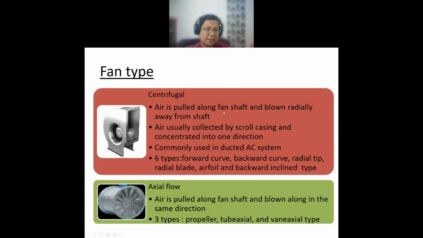Okay, fan type centrifugal: air is pulled along the fan shaft and blown radially away from the shaft.